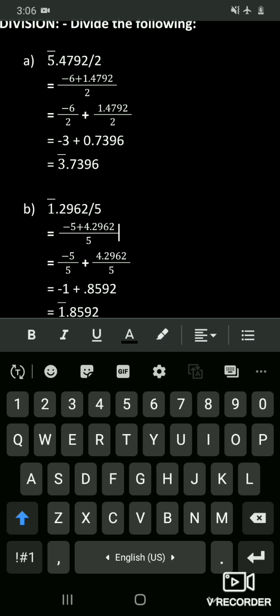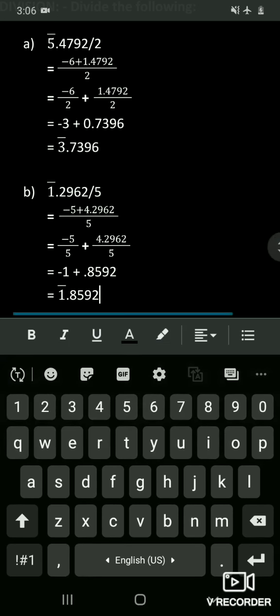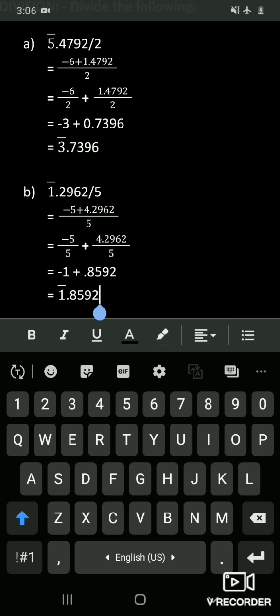So here minus 1 is written as, we are taking it as minus 5, and that's the reason you are adding 4.2962. And the next steps are similar, that is minus 5 divided by 5 plus 4.2962 whole divided by 5. So you'll get the answer as minus 1.8592, which is written as 1 bar.